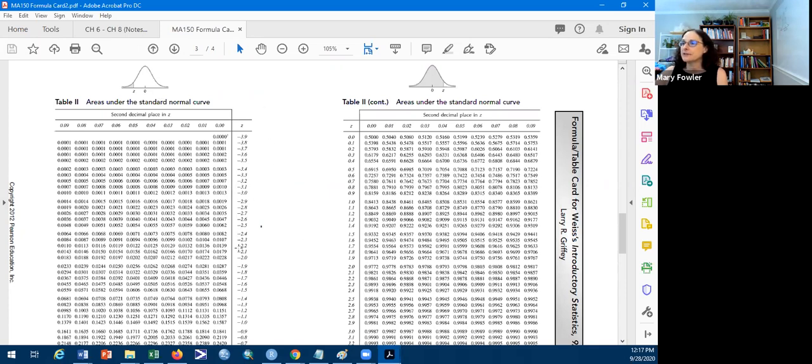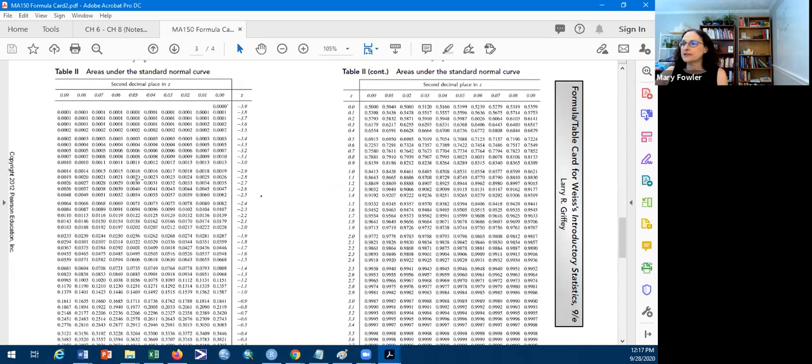If we have a negative z-score, we'll use the left-hand side of the table. If we have a positive z-score, we'll use the right-hand side of the table. To determine what row we want to be on, we're going to look at the units and tenths digits, the first 2 digits. So in the case of our problem on the board, that's going to be 1.2.